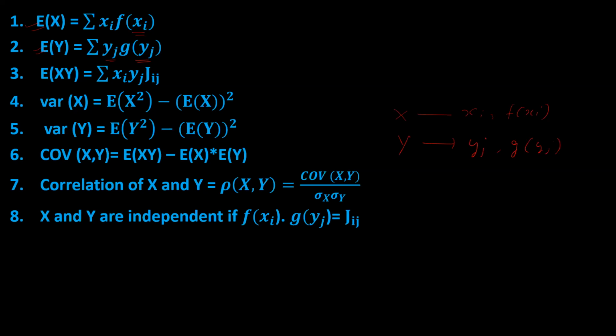You will come to know what this means in the problem itself. Then we have expectation of x into y, which is nothing but the summation of xi, yj, and Jij. So this is the formula.